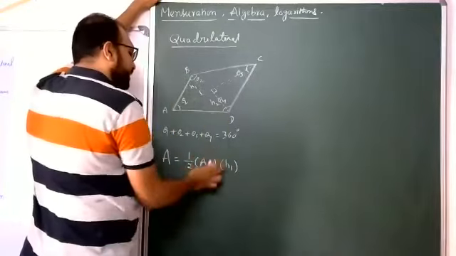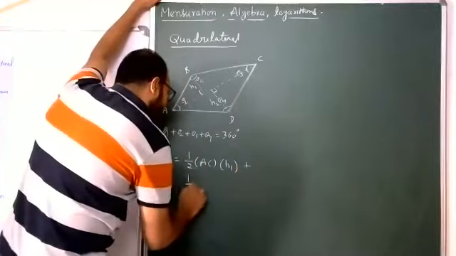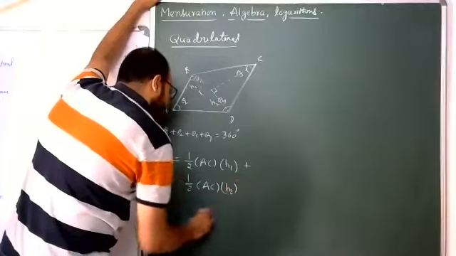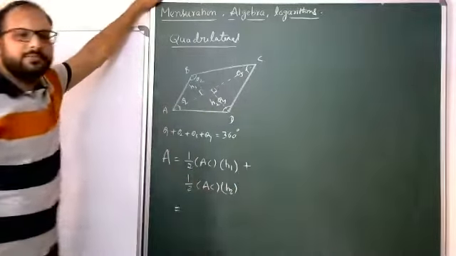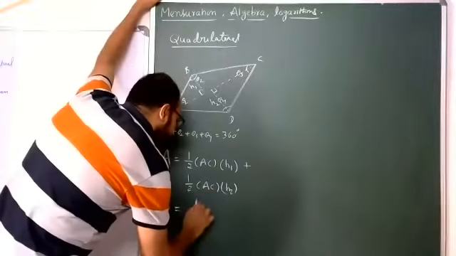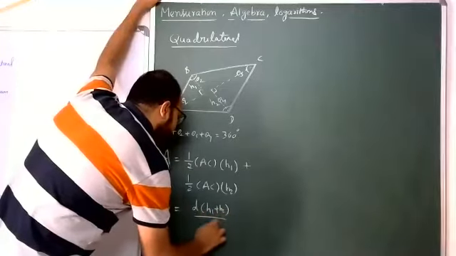So one triangle area completed. So similarly, plus half AC into H2. Yes, AC is nothing but, students, I am assuming some d, small d. So d into H1 plus H2 divided by 2.